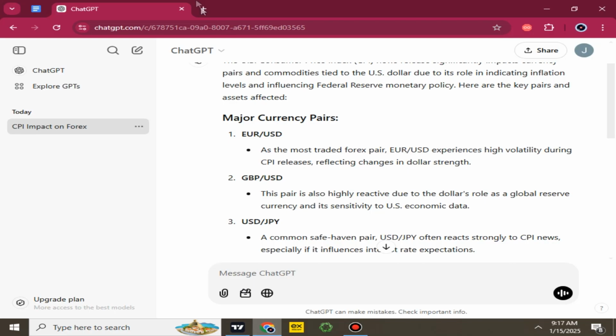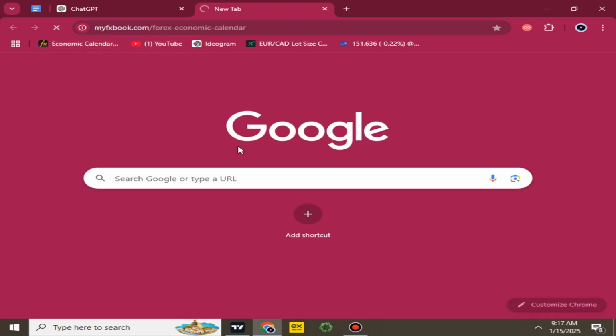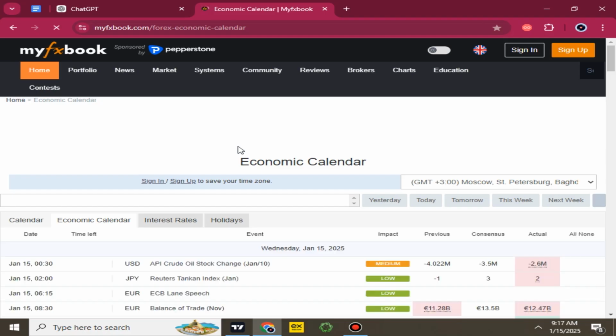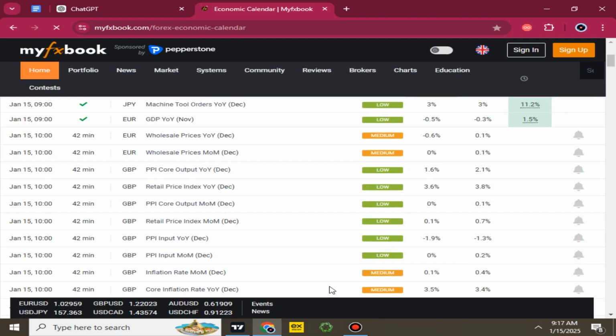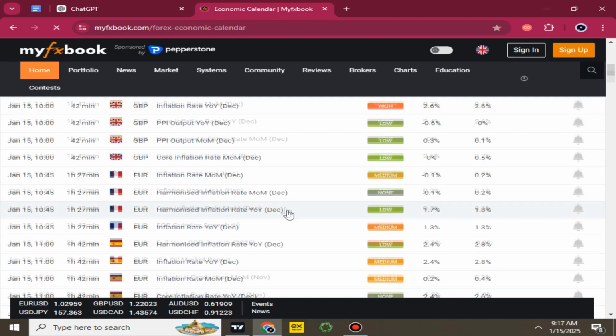Let me see how many. When CPI drops, it's not only CPI, we do have some news too that do drop, so we might expect some spikes before price moves to our anticipated direction. So let's go.